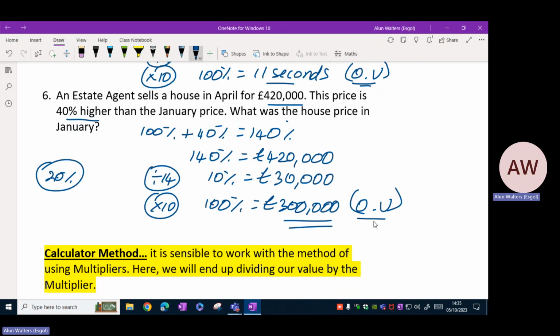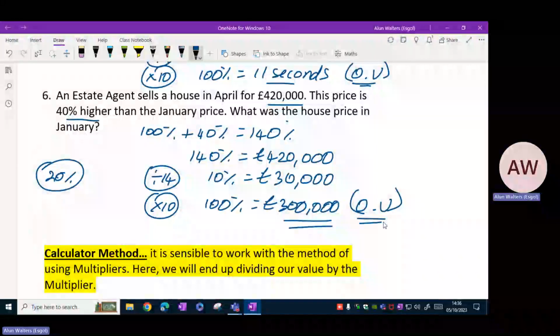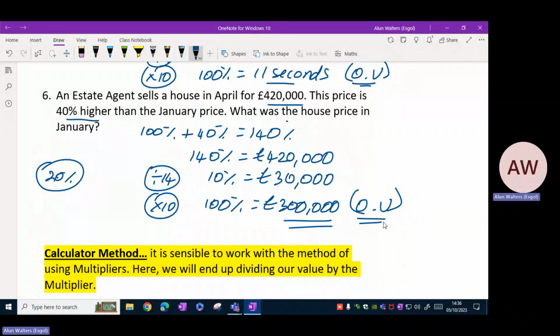If you wish to go through that section again, you can just rewind the video. I am going to move on now to the calculator method. So obviously now you'll need a calculator handy. The method I'm about to show you with the calculator will also work with a non-calculator method.